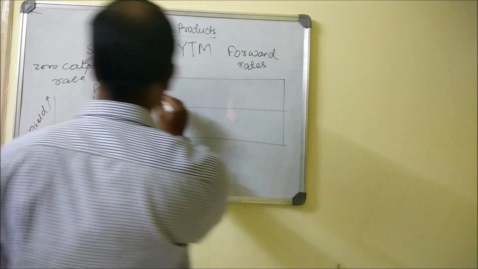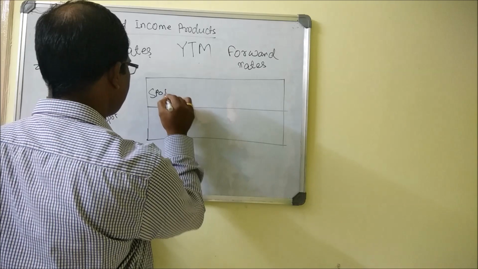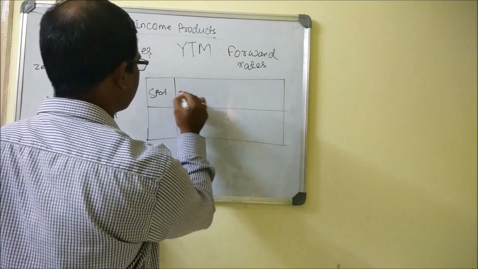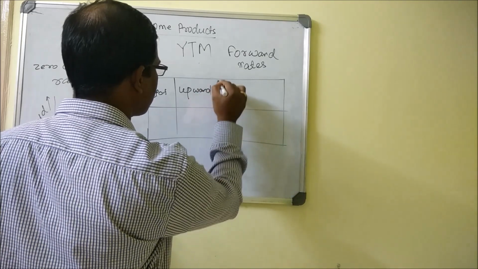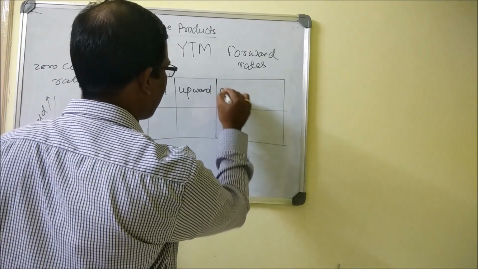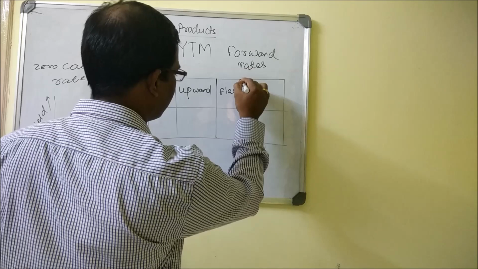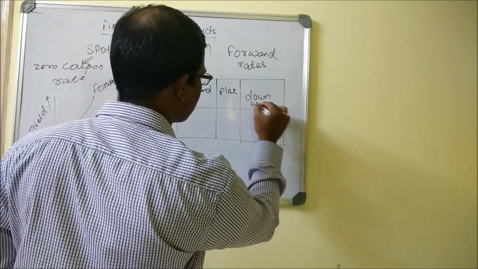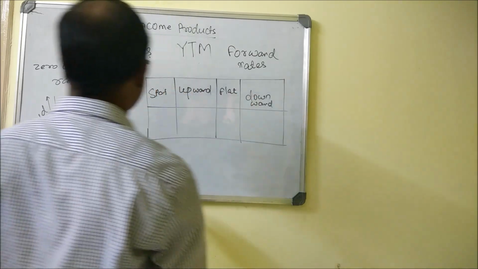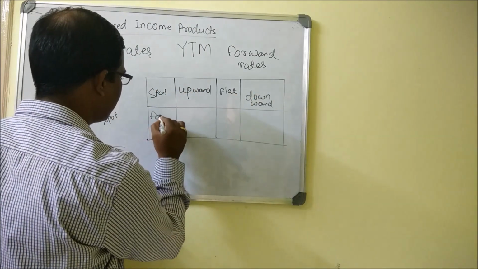This is the spot rate. So this is upward sloping, this is flat and this is downward sloping. So we will see what is happening to the forward rate.